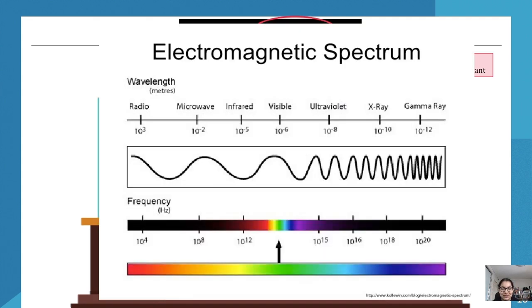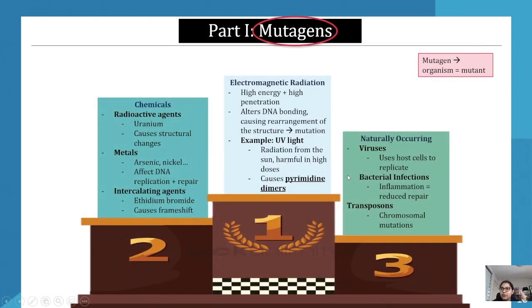I was trying to explain it with my hand, but I've got an image for us. This is the electromagnetic spectrum, and in terms of electromagnetic radiation, it goes from radio to gamma, and as you go along it becomes more penetrative. So that's that.